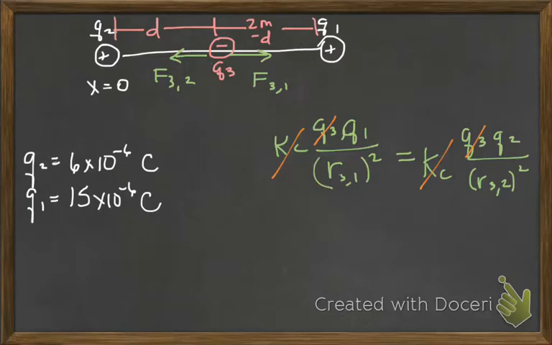Q2, we know what it is. And then what have we put in place instead of R31? R31 is 2 meters minus D, so 2 meters minus D squared. And R32 is whatever D is, squared.